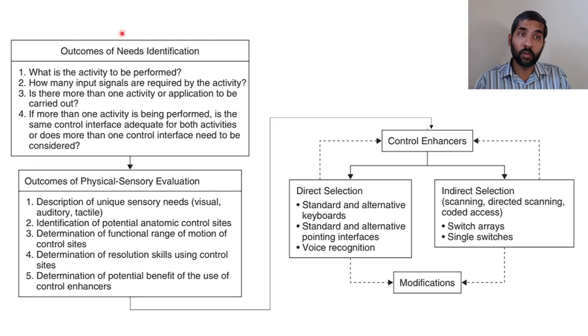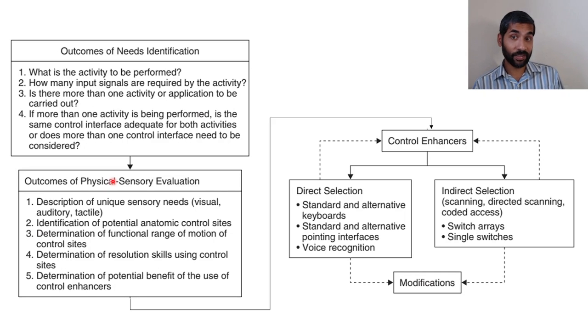You would want to first of all look at what is the activity that the person wants to perform, the needs identification. And secondly, you will have to do a physical sensory evaluation. What kind of sensations does the person have? Can he hear? Can he see? What kind of motor control does he have?